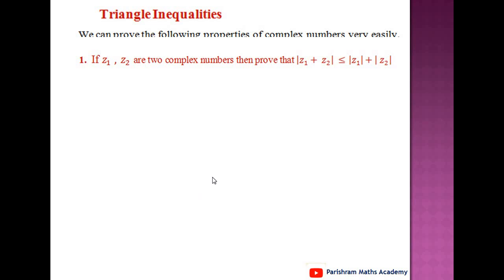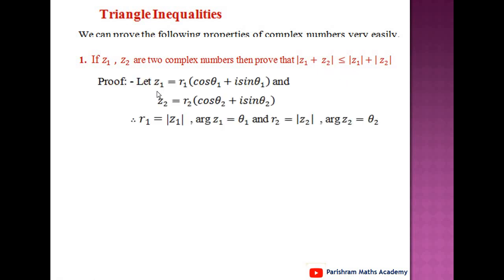Now, triangle inequalities. We can prove some properties of complex numbers. First property: if z1, z2 are two complex numbers, then prove that |z1 + z2| ≤ |z1| + |z2|. Proof.